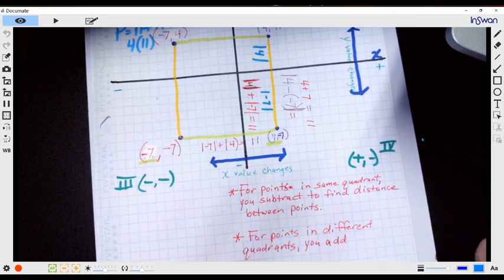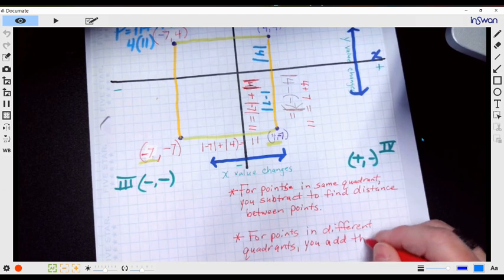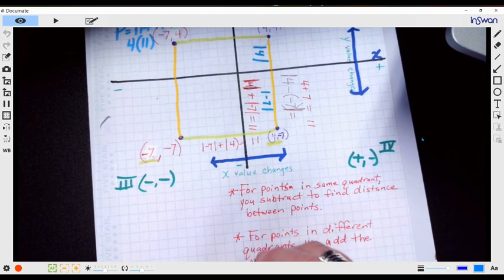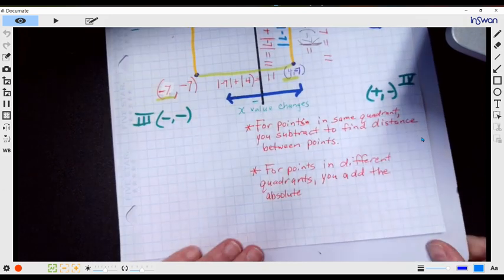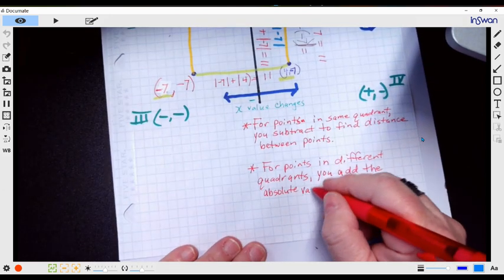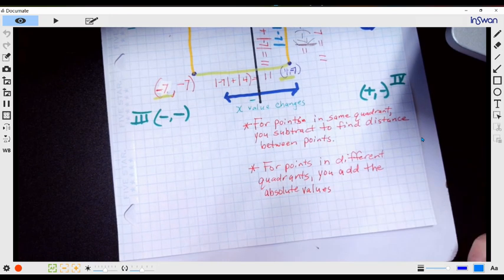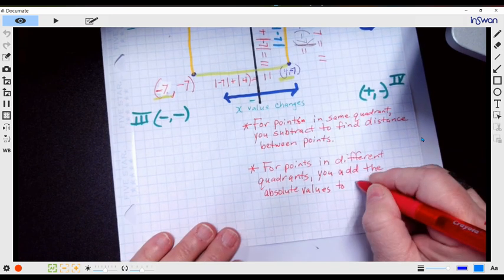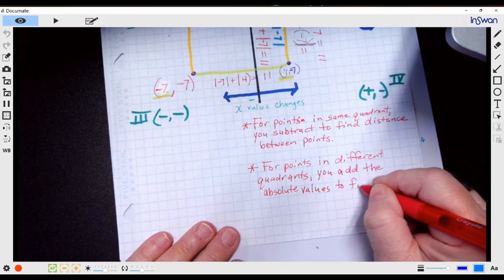That's the distance away from the axis, the X or the Y axis. You add the absolute values. So to find the distance.